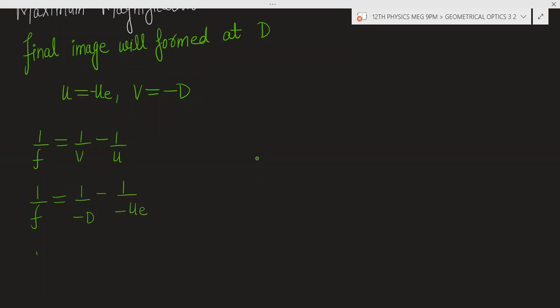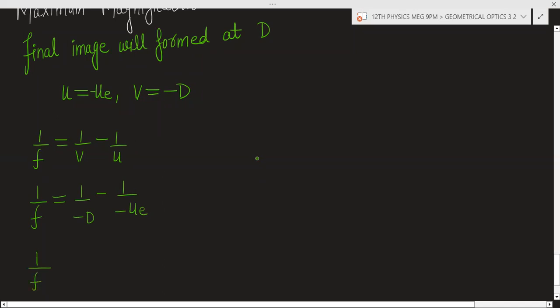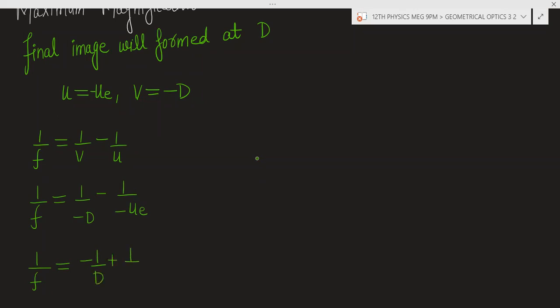From here I will get 1 upon f is equal to minus 1 upon D plus 1 upon UE. From here I get 1 upon UE is equal to 1 upon f plus 1 upon D.